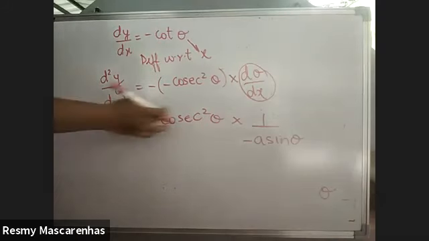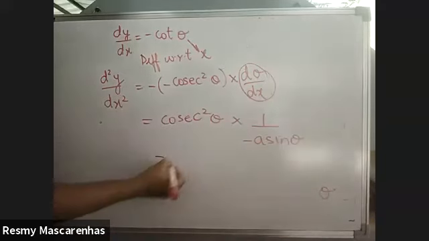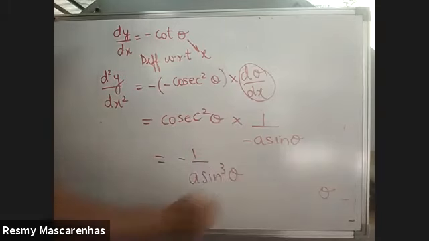And if you bring this cosec, 1 upon sine square, and sine already, so it will become sine cube theta.